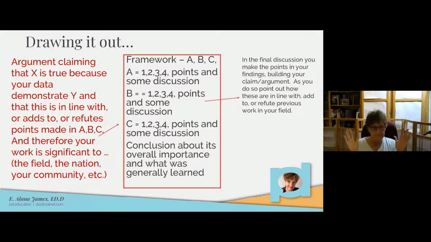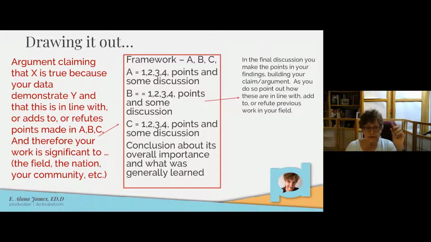Okay, so that's a lot of words. It was pretty concise about what a lit review needs to be, but it was a lot of words. So sometimes it's easier to draw things out than it is to talk about them. So you can write your argument on the left, and the argument is always that you claim something to be true, and you've demonstrated it with your data, and that is either in line with, adds to, or refutes current literature.